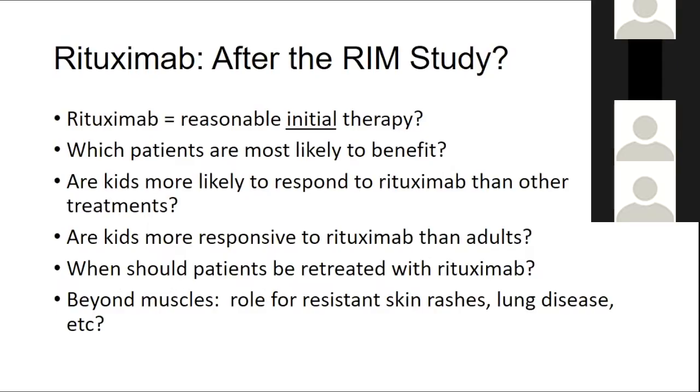We still are trying to understand which patients might benefit the most from rituximab, if kids are more likely to respond than adults, whether patients should be retreated with rituximab after a certain number of months, because B cells will start to come back after about 3 to 6 months of receiving rituximab. So then we wonder if we need to retreat. And then we also are wondering if rituximab may have a role for helping skin rashes and lung disease, not just muscle disease.